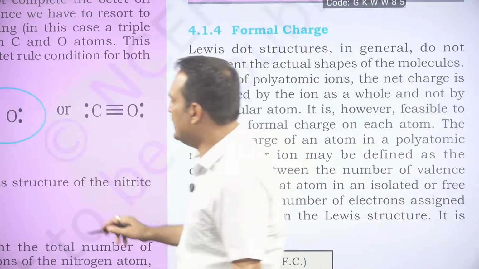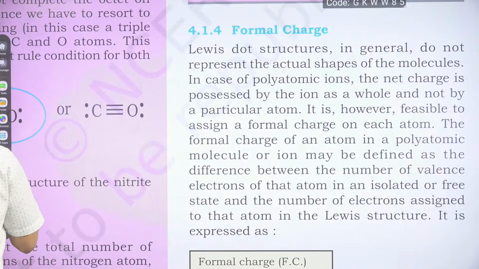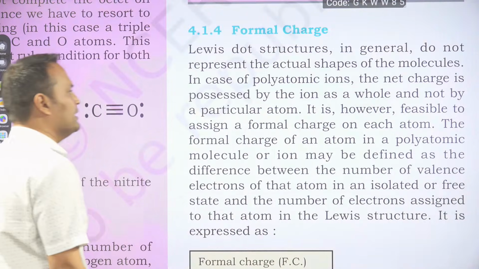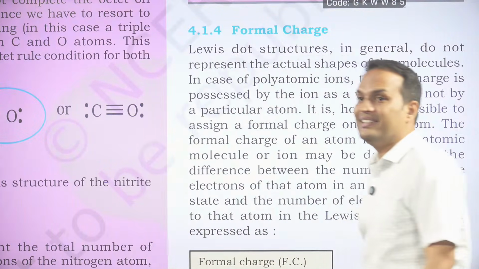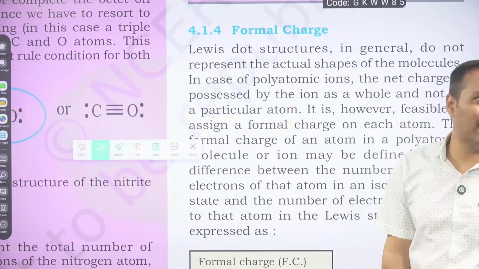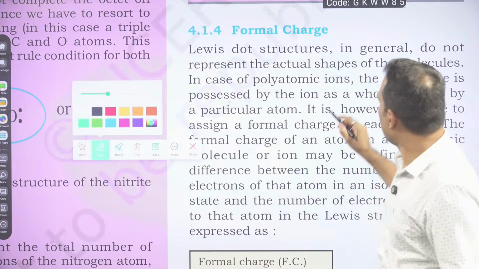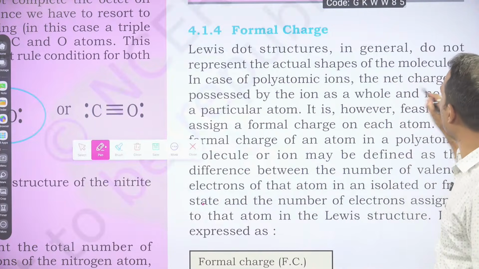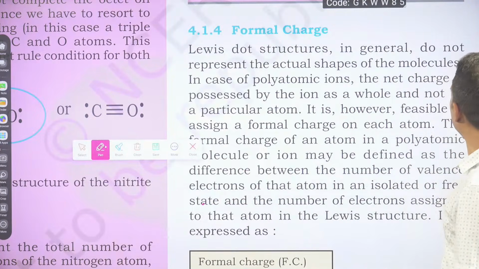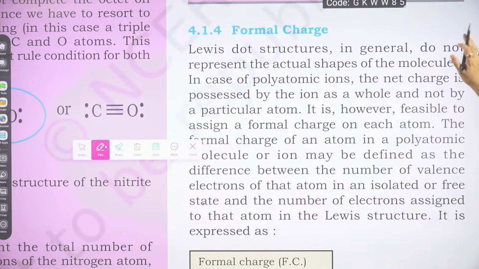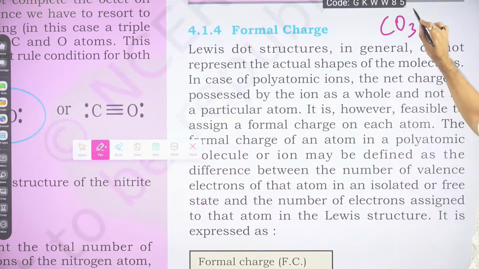If any ion is there, then the net charge is possessed by the whole molecule. Like suppose here we have a polyatomic ion. Suppose carbonate is there, CO3 2 minus. Then this negative charge is on the whole molecule.